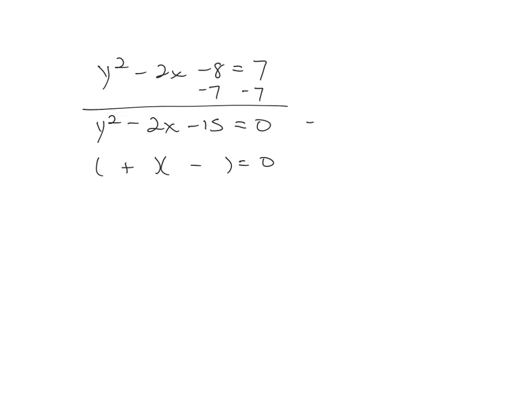Okay, what times what is 15? Negative 15 and 1, 15 and negative 1, that doesn't make 2. 5 and negative 3, negative 5, positive 3. That one does. So the 5 is negative, the 3 is positive, and then we do our solving.